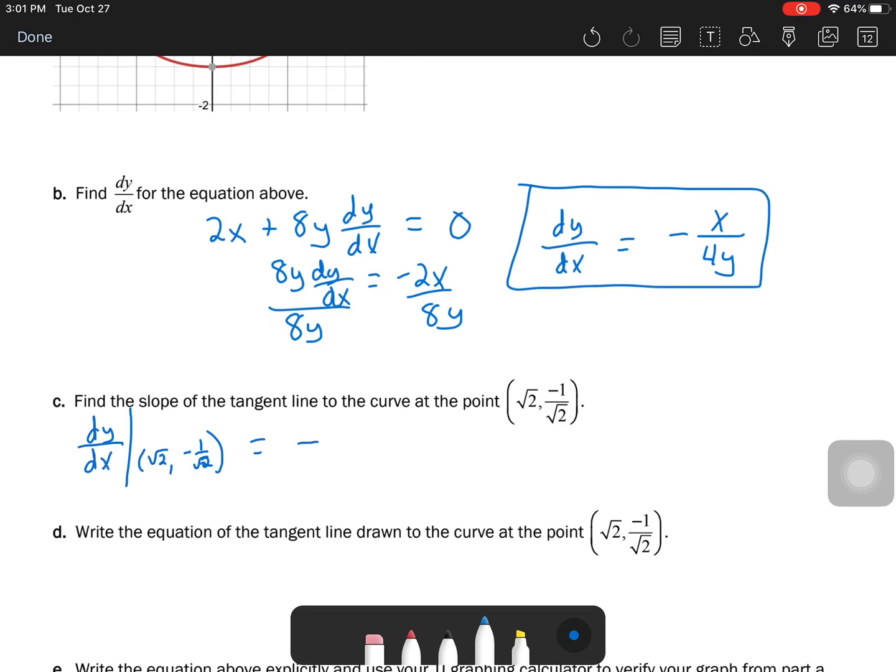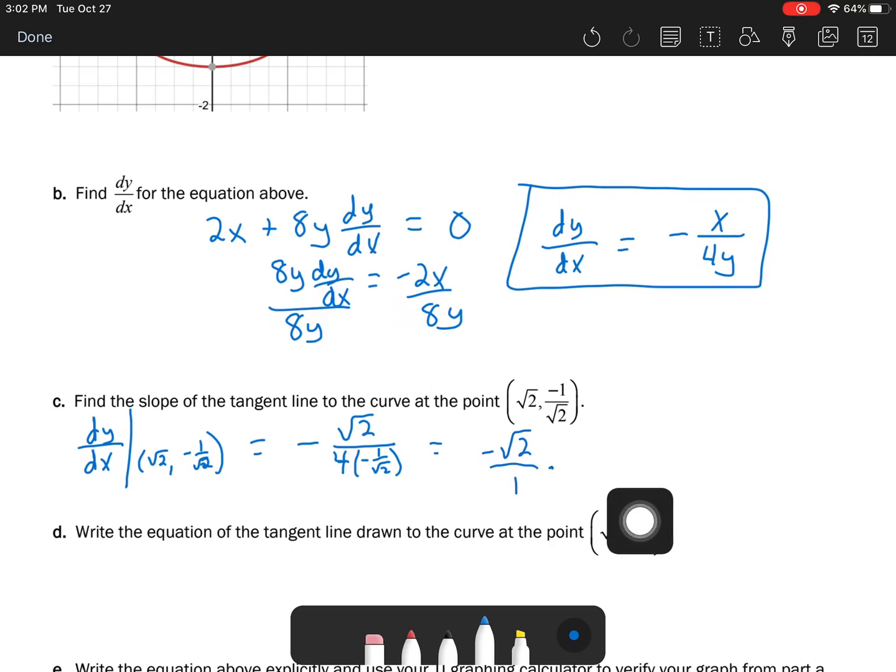So I'm going to have a negative and a square root of 2 on top. Then I'm going to have 4 times negative 1 over root 2 on the bottom, like that. So we get kind of a complex fraction here. And so let's just say negative root 2 divided by, I'm going to put that over 1.